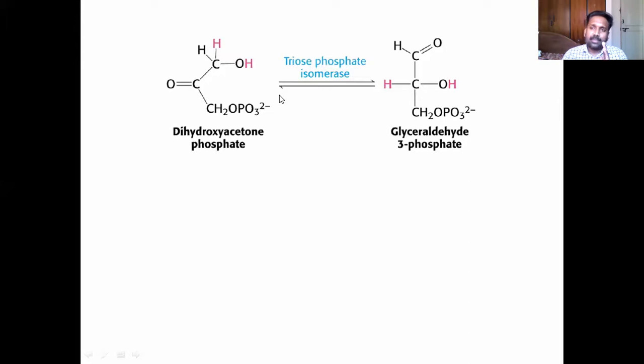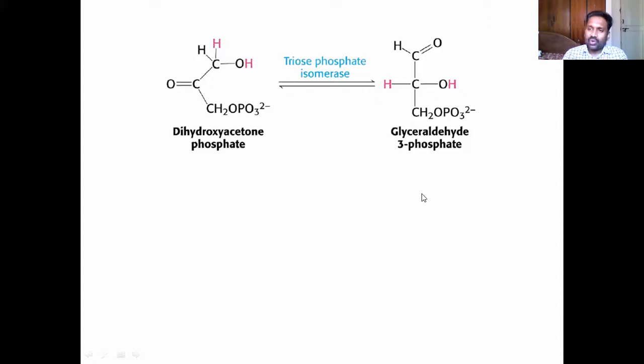The simplest carbohydrate can be formed with only 3 carbon atoms. As an aldose, glyceraldehyde is the simplest aldose possible, whereas dihydroxyacetone is the simplest ketose possible. So a ketose is isomerized to an aldose in this reaction.